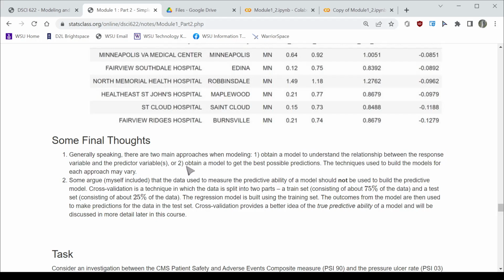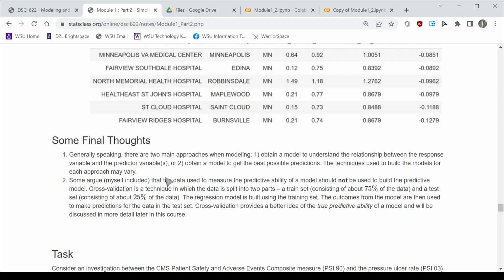Predictive analytics, though, usually is more concerned about just trying to obtain the best possible predictions. That's our classical machine learning idea, just to go after the best possible predictions. Now, the techniques that we use for these two different approaches do vary.